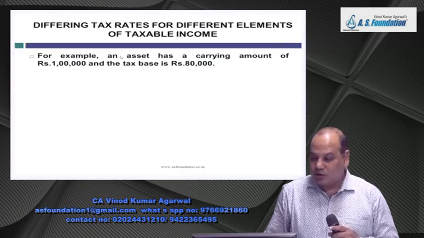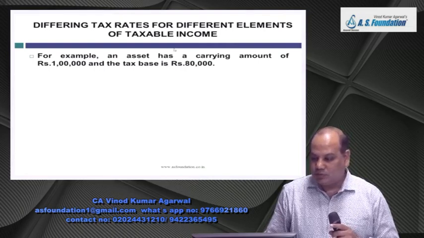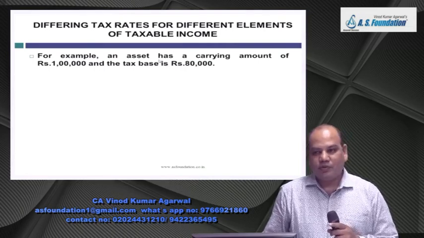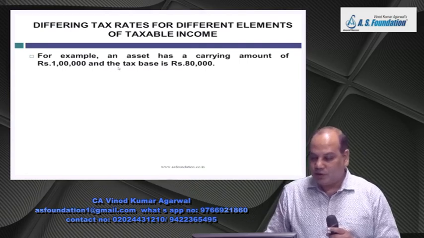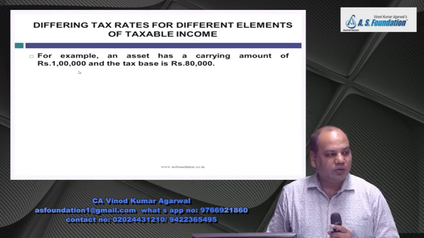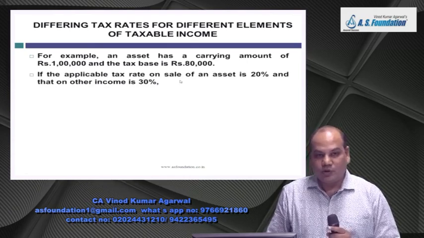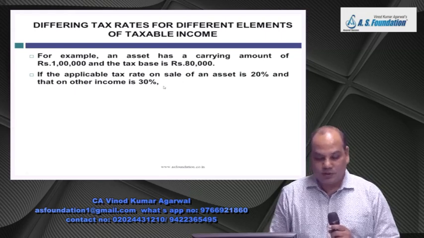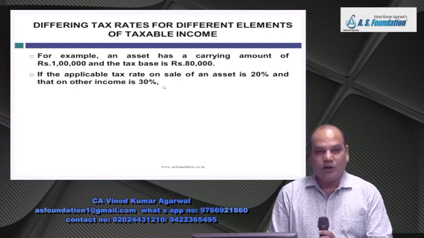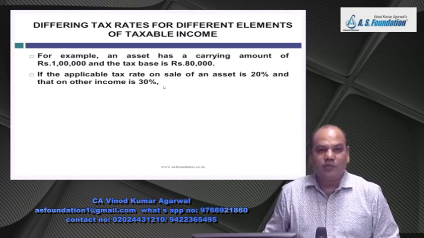So in that case, the valuation of deferred tax depends on the objective, the purpose. For example, an asset is carried in the books at 1 lakh, carrying amount 1 lakh, tax base 80,000. Tax rate applicable on sale of the asset is 20% and tax rate applicable on other income is 30%.